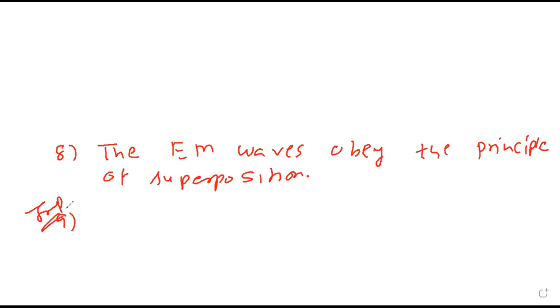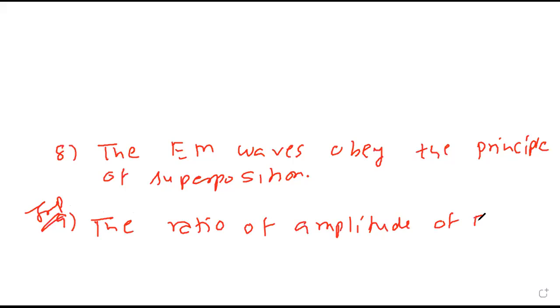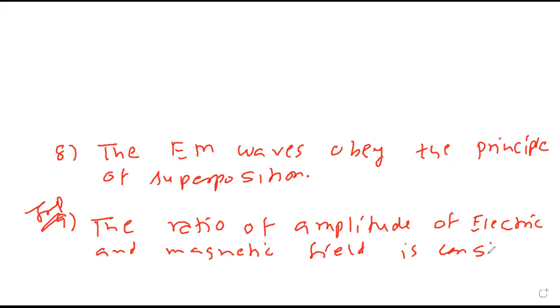Sixth point. The ratio of amplitude of electric and magnetic field is constant.